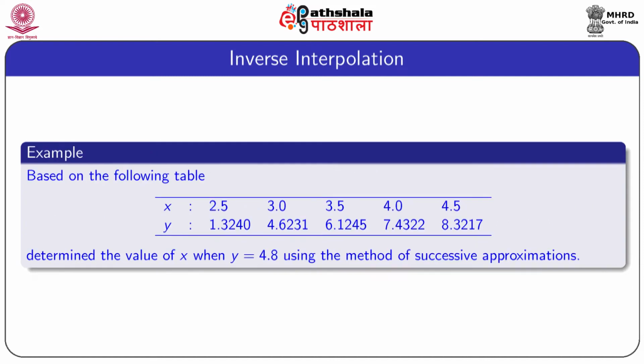Now, this iteration method is illustrated by this example. Based on the following table, we have to determine the value of x when y equal to 4.8. So, the previous methods, that means the approximate method or Newton iteration method, is used to find the value of x when y equal to 4.8.